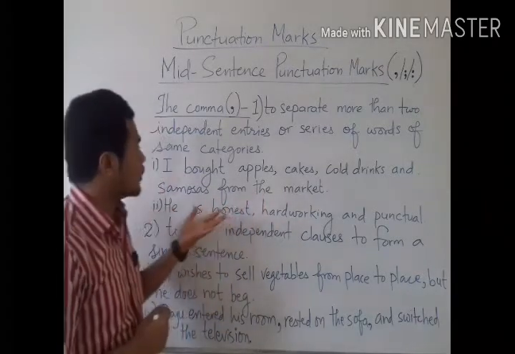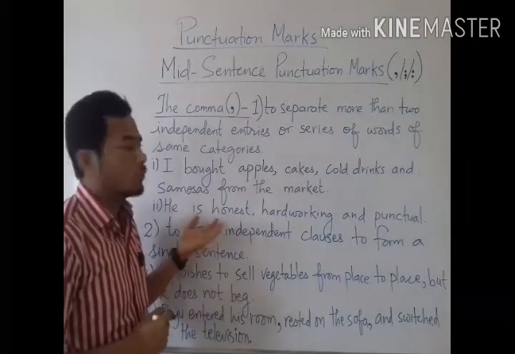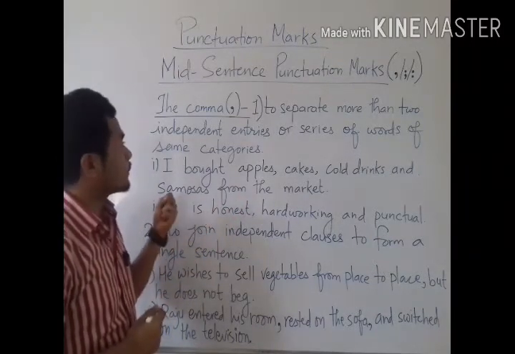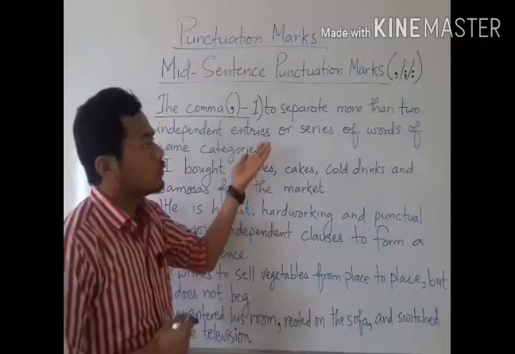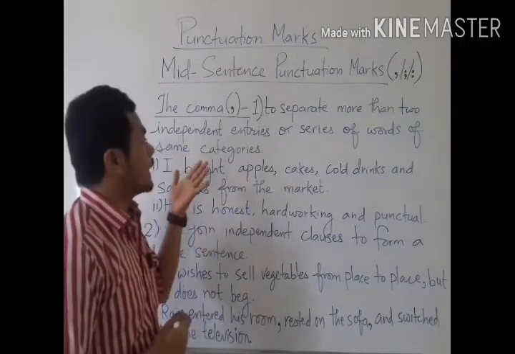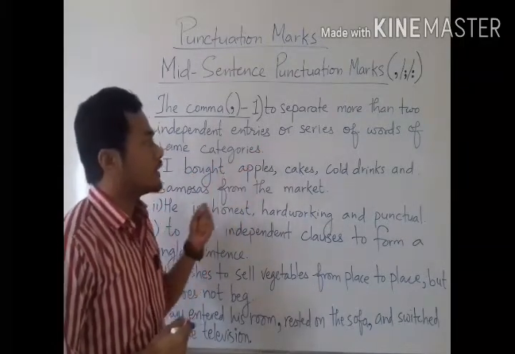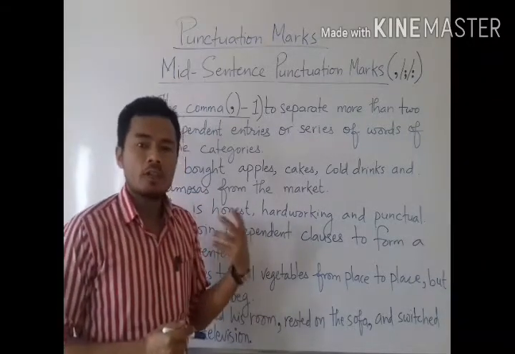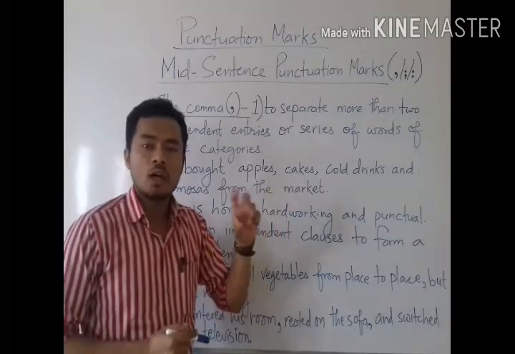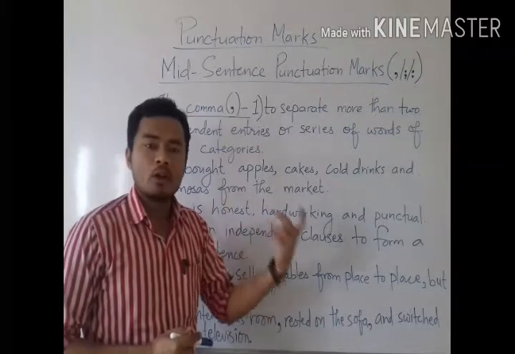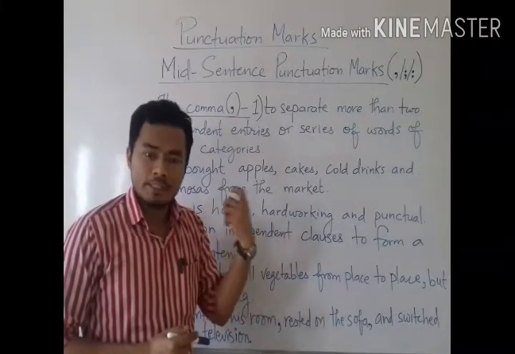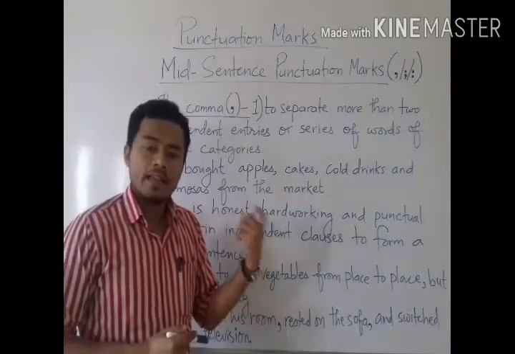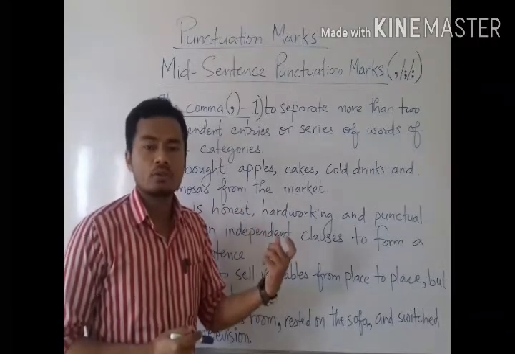So, I have written on the board condition number 1: comma is used to separate more than two independent entries or series of words of the same category. See, if we put a series of words that belong to the same category, in that case also we have to use comma.